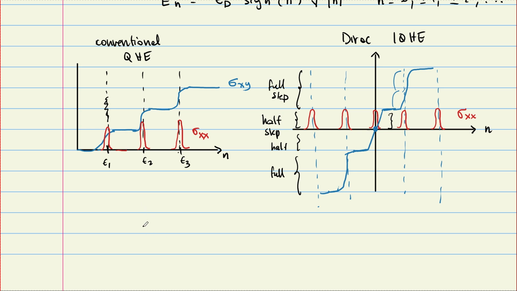And the way we say this is that sigma xy should be e squared over h, and it has to have these integer steps, but the 0th step starts with 1/2. And this n is again 0, plus or minus 1, plus or minus 2. So that's for 1 degree of freedom. But we have 2 valleys.